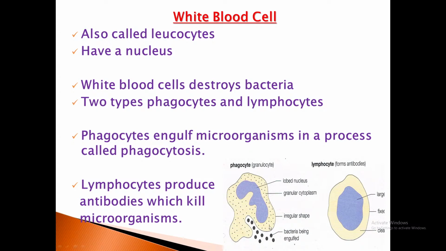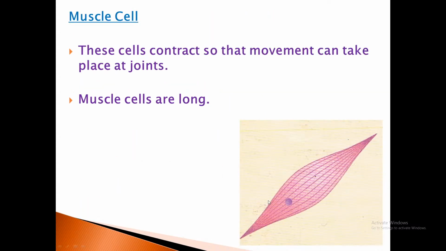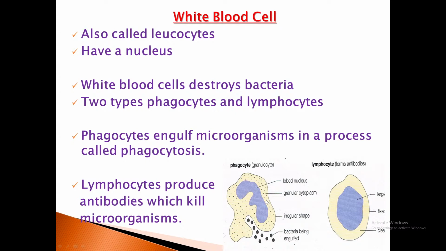And on the screen here, I see the two different types of white blood cell. Now in terms of labeling, you should be able to label the two different types of white blood cell. You should be able to tell me the differences between these two types of blood cells. So you have quite a bit to learn about the white blood cell. So again, the two types are phagocytes and lymphocytes.